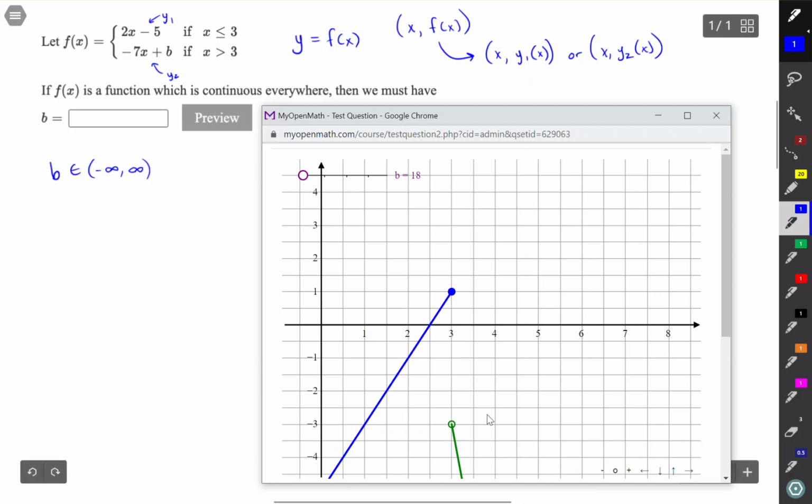So here is a graph of our piecewise defined function. 2x minus 5, that's the first piece, is graphed here in blue. So this line here has a y-intercept of negative 5, though it goes off screen and you can't see it, but that's okay. And it has a slope of positive 2.